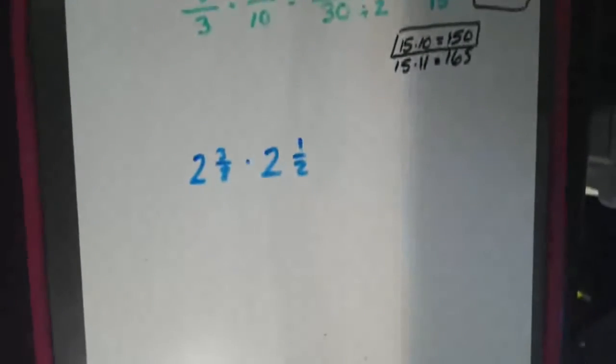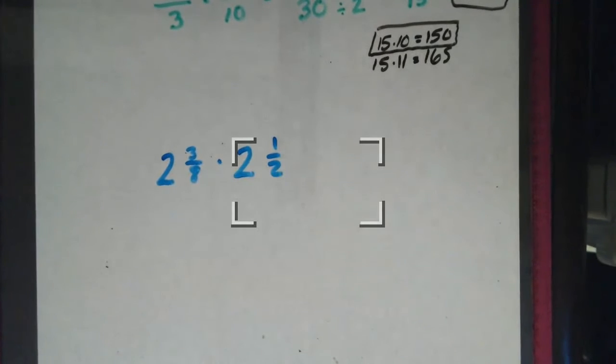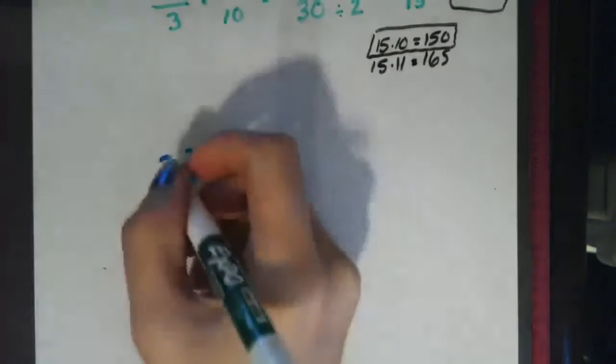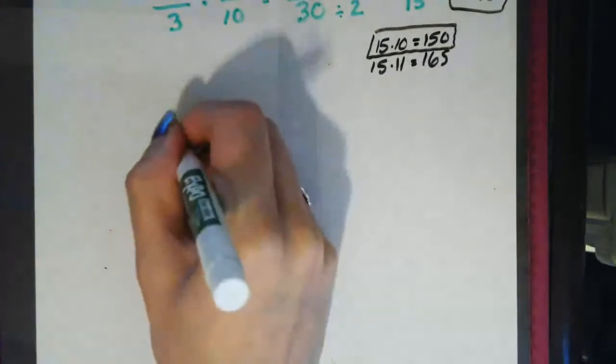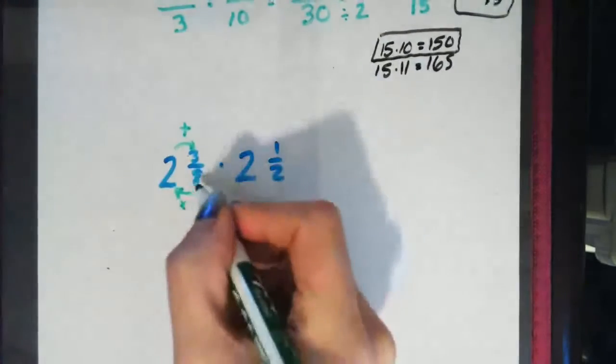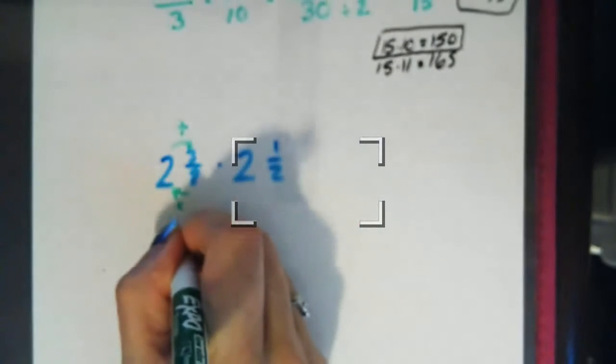Let's try another one. 2 3/8 times 2 1/2. First, I convert to my improper fractions. 8 times 2, and then I'm going to add 3. So that's 16 plus 3 is 19. I leave the denominator the same.